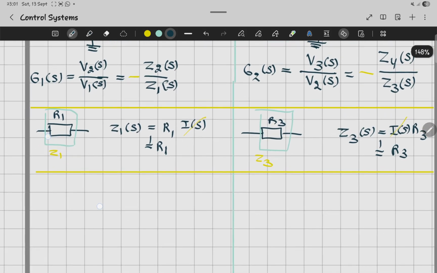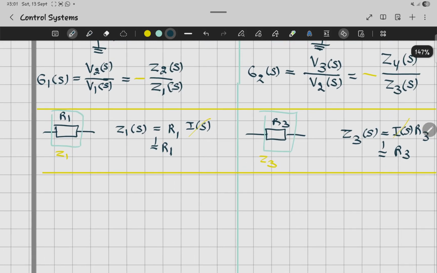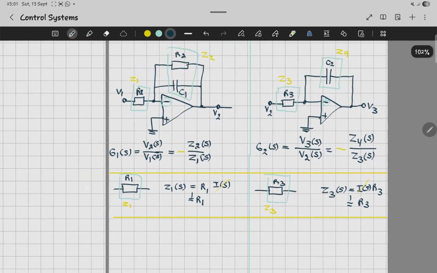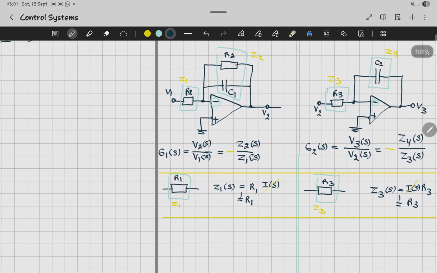For another block, we remember that for Z2 we have a resistor and then a capacitor.